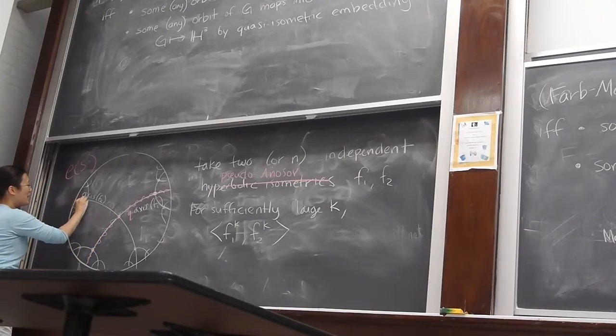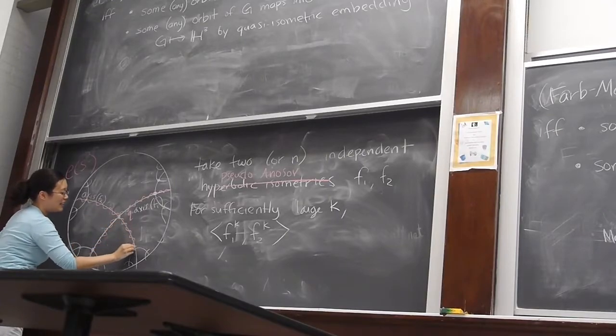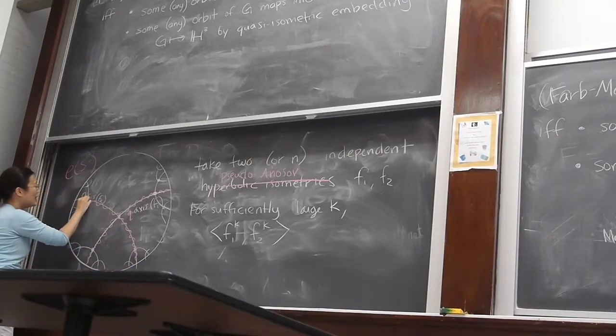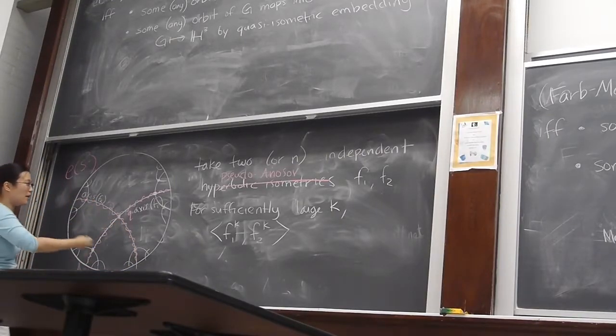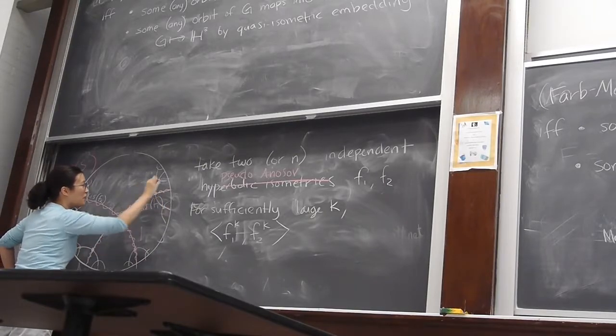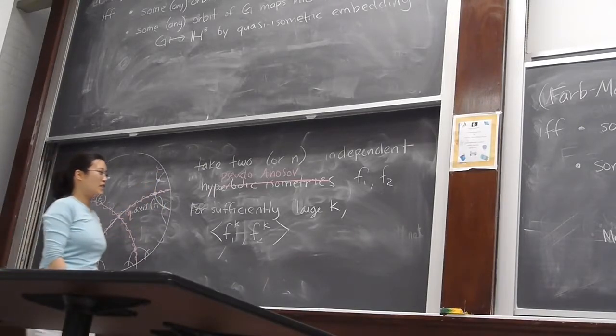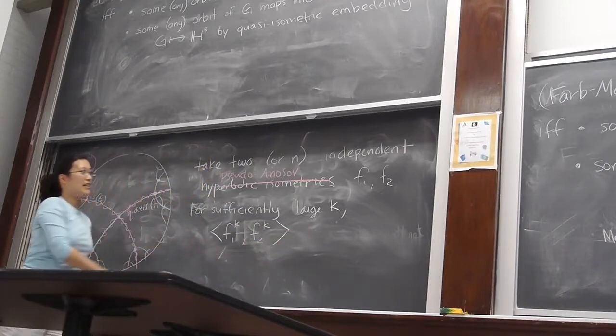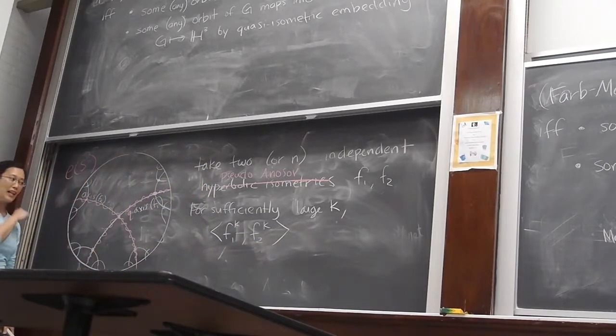But everything else goes through because this argument of quasi-isometric embedding just used the hyperbolic qualities of hyperbolic space, so you can run the same argument again and take a sufficiently large power and generate a convex cocompact subgroup of the mapping class group.